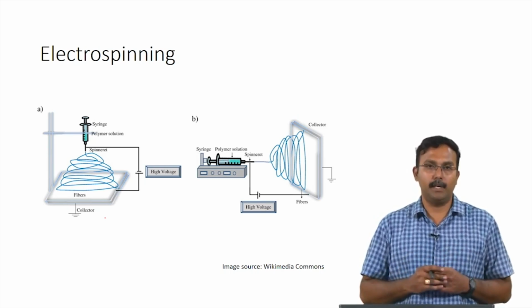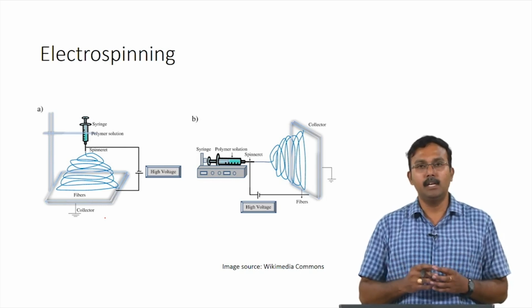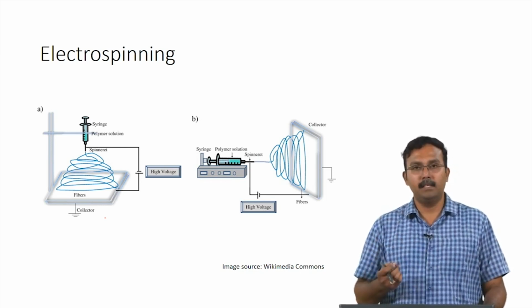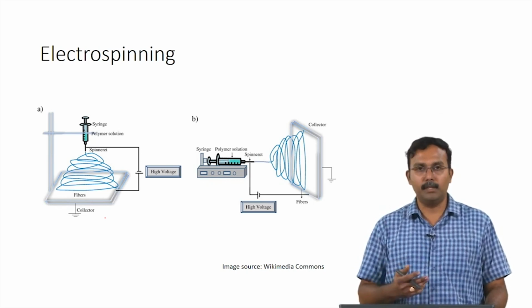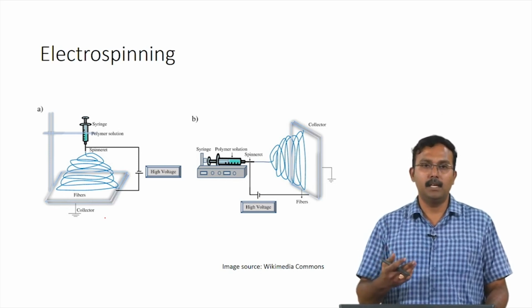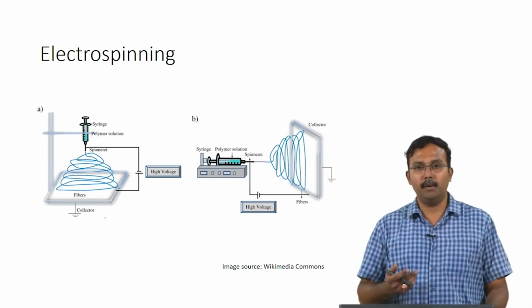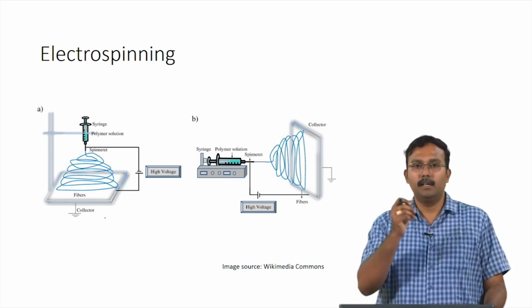So, what is electrospinning? Electrospinning is a technique where you apply a high voltage to create very thin fibers from a polymer solution. You create a polymer solution which is loaded into a syringe, and this syringe is pumped using a syringe pump, so that the polymer solution comes out of a needle.